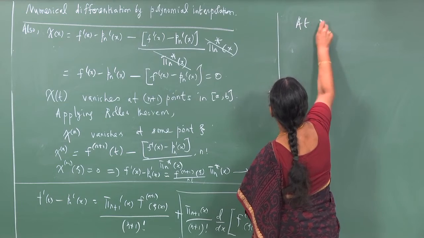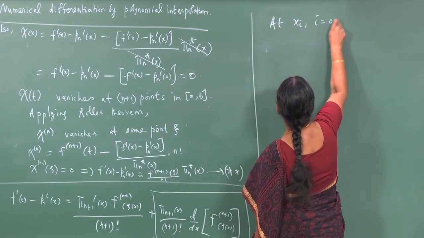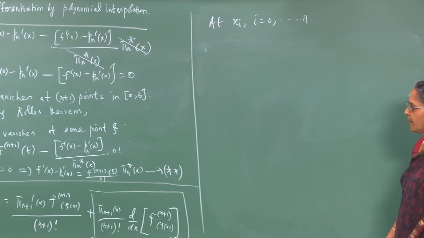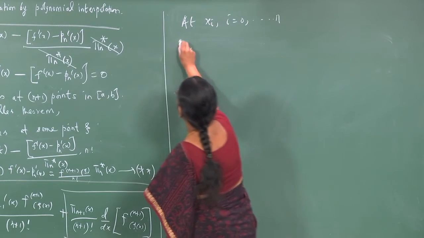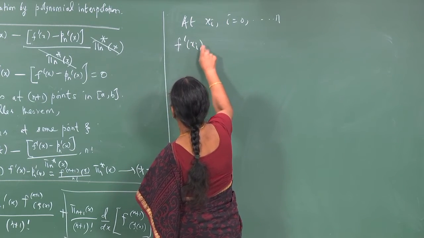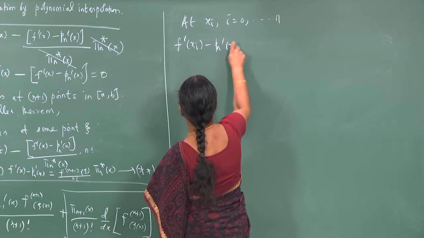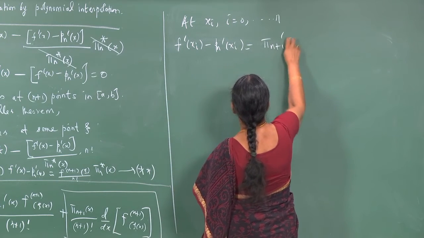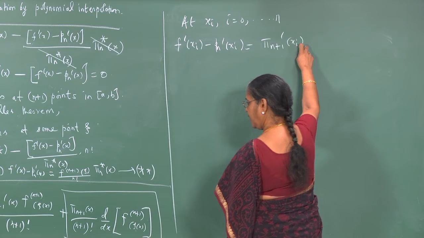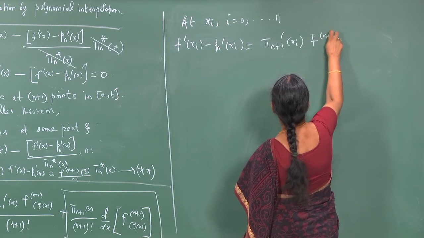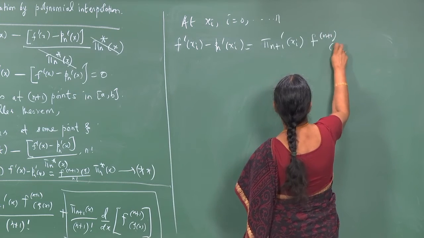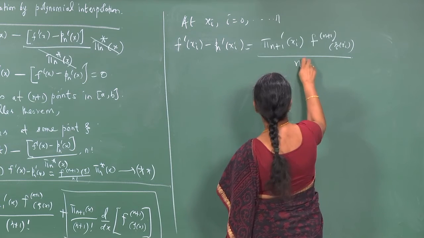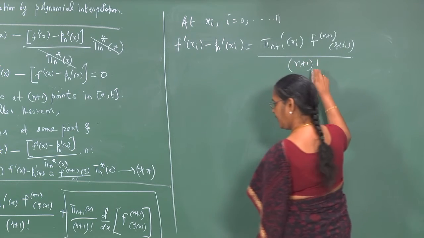So, at xi for i equal to 0, 1, 2, 3 etc. n, we compute what is f dashed of xi minus p n dashed of xi, and we observe that it is pi n plus 1 dashed of xi into the n plus 1th derivative at psi of xi divided by n plus 1 factorial.